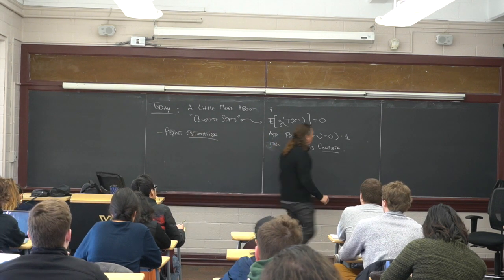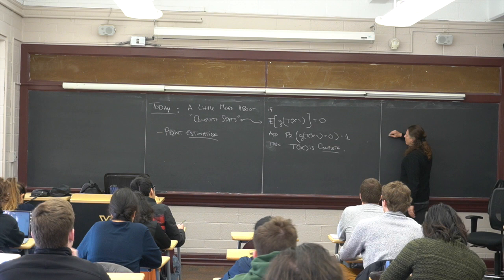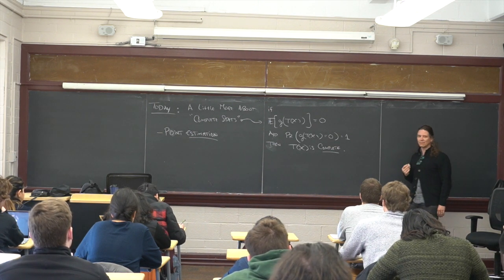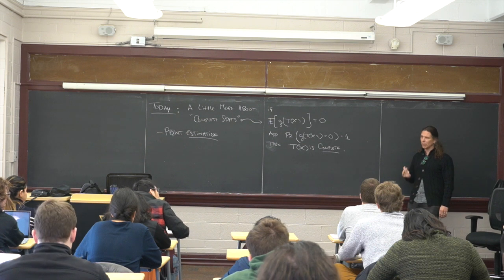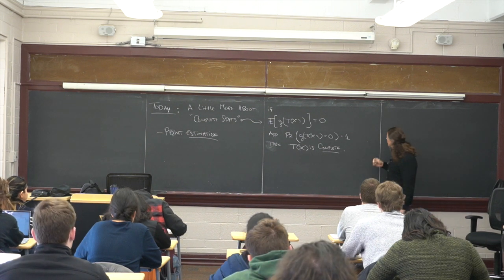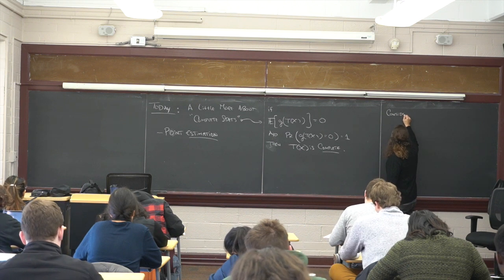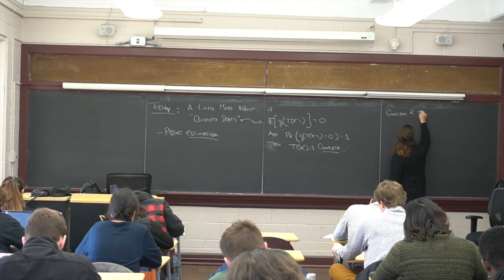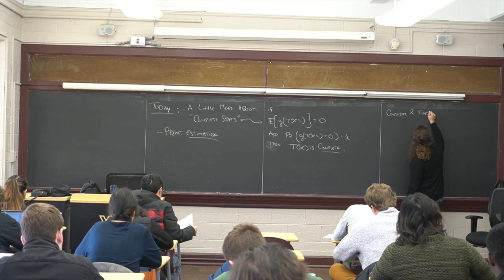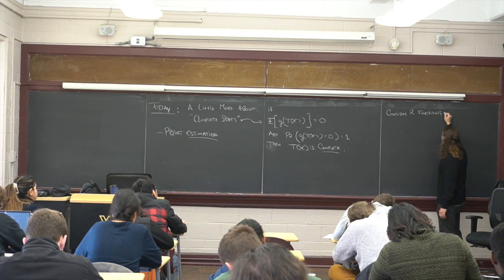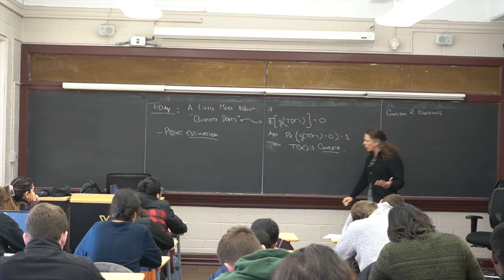Let's just see what happens when things are not complete. So instead of talking about completeness, let's consider a non-complete statistic. So consider 2 functions. This is not my argument. This is a well-known argument.